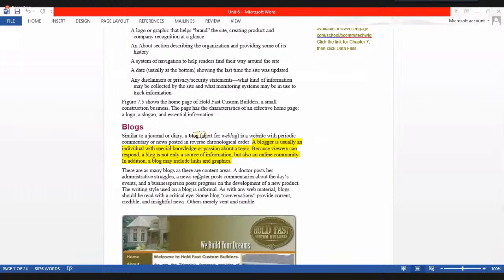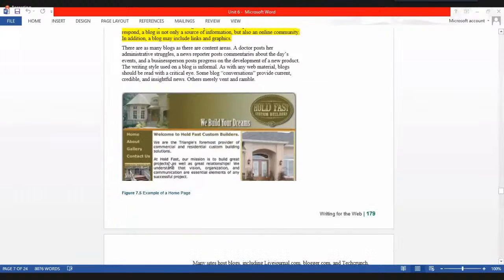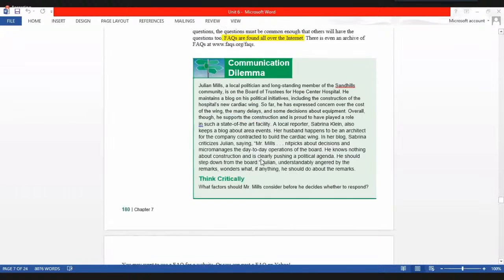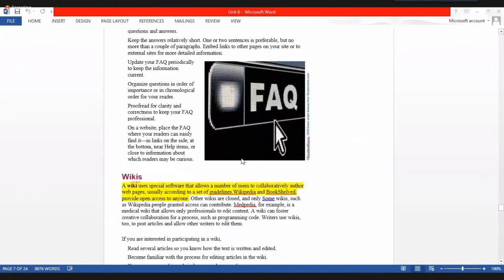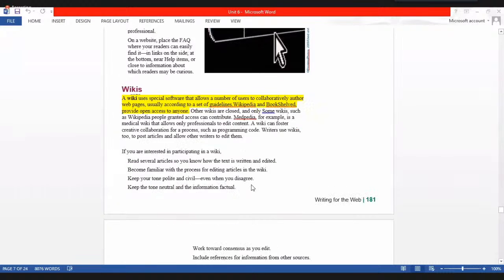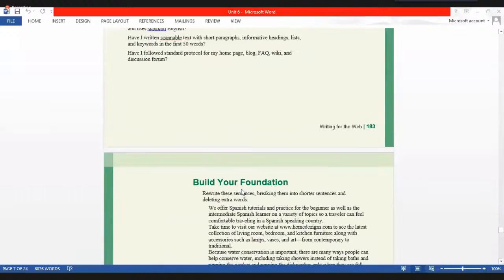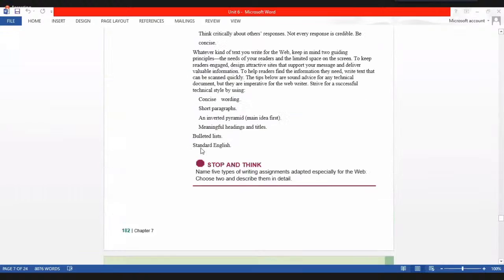Okay. Then there is FAQ. FAQ means frequently asked questions or frequently answered questions. Then wikis, that is Wikipedia, and bookshelves, discussion forum. Only this much is given. Okay. Can you read the remaining part?